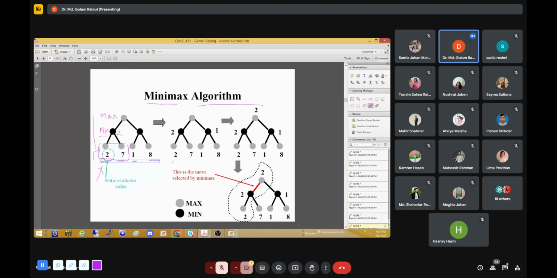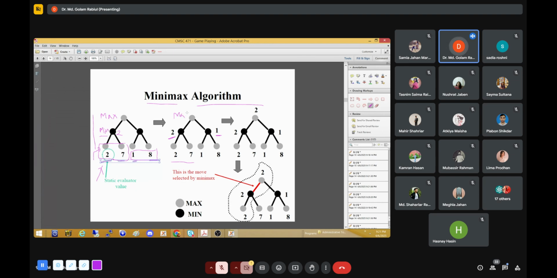Like in this case, from this it will take 2 because this is minimization. It will consider the minimum value. Similarly, between these two, which one is the minimum? 1 is the minimum. So it will take the minimum here, 1. And now we can think about this one.